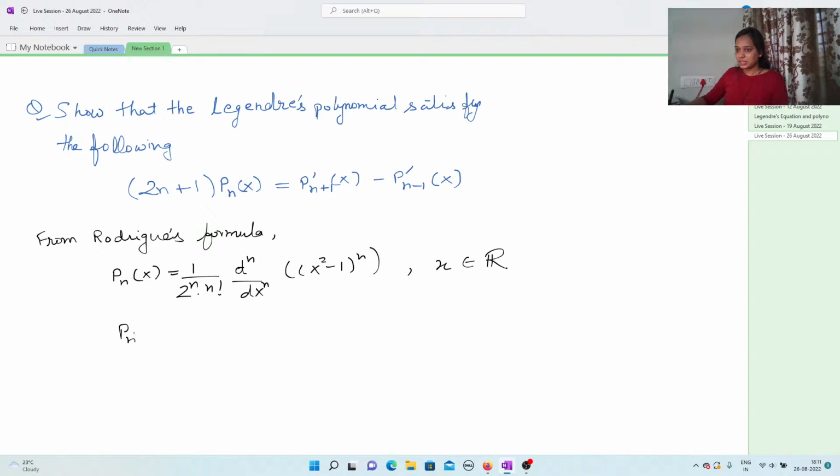Now Pn dash of x can be written as d by dx of Pn of x, right? So what will it be now? This will become 1 over 2 to the power n into n factorial, and now we differentiate this entire thing. So this is now d to the power n plus 1 over dx to the power n plus 1 of (x square minus 1) to the power n.